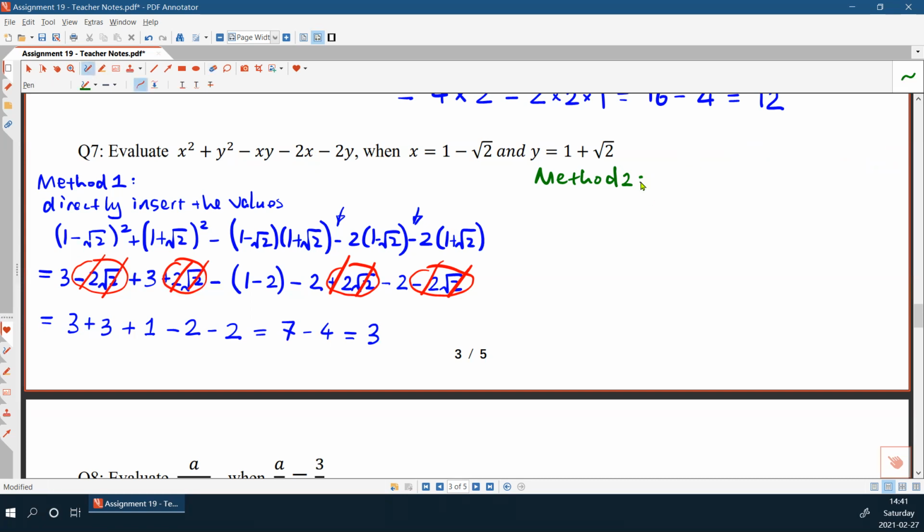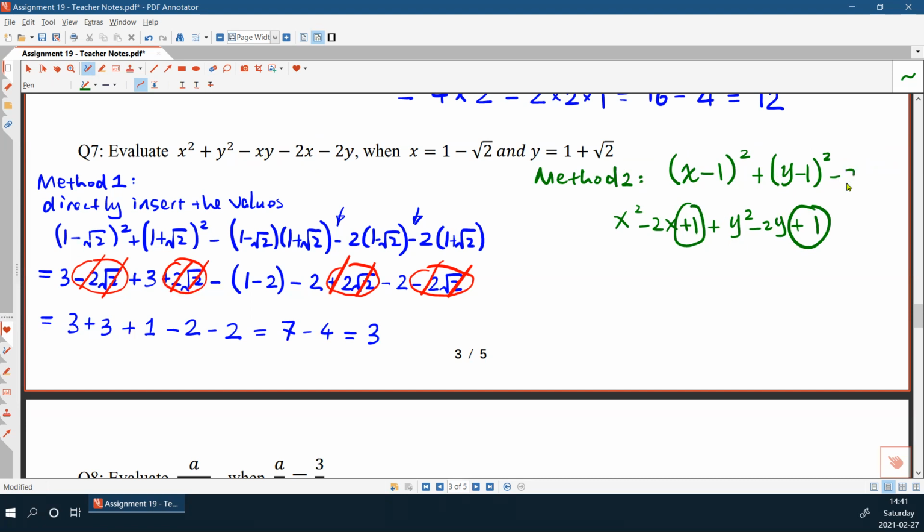Okay, so the original expression, if we convert it to x minus 1 squared plus y minus 1 squared, what will it give us? It will give us x squared minus 2x plus 1, right? And plus y squared minus 2y plus 1, right?